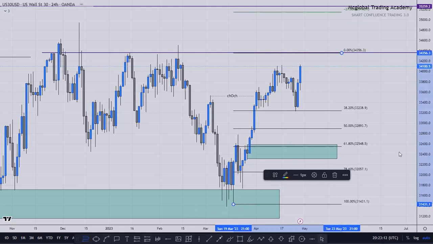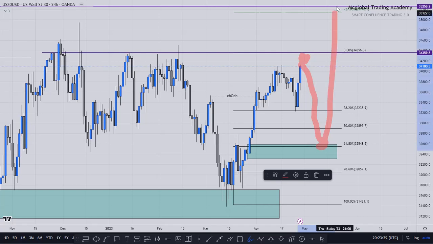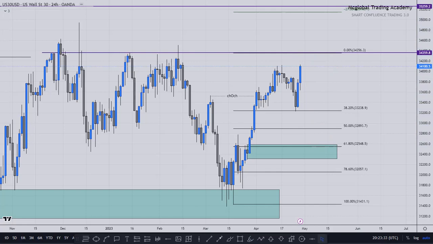So now, if ever this move happens, the sellers that will enter will obviously look at lower time frame confirmations. Wanting to enter the sales, we will be looking forward to something like maybe 61.8. Once we touch there, we're expecting a shoot up all the way there. So this is one probability, basing it on this resistance that is here.